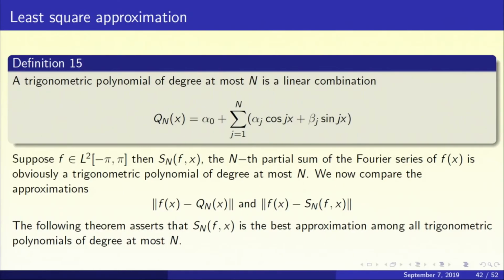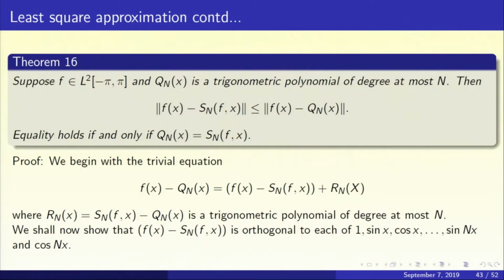The following theorem asserts that if Sn(x) is the nth partial sum of the Fourier series, then this norm of f minus Sn(x) is going to be less than or equal to the norm of f(x) minus Qn(x). In other words, Sn f(x) is the best possible approximation to f among all trigonometric polynomials of degree at most n. Let's go to the next slide.